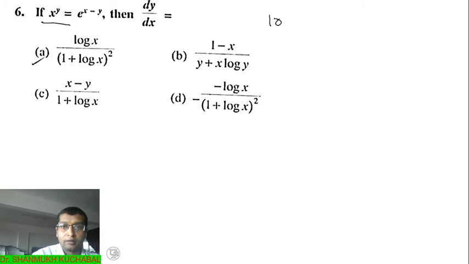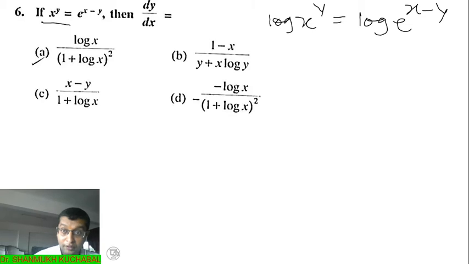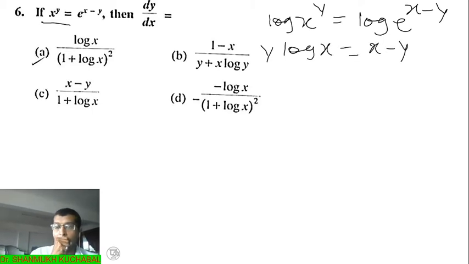So log of x raised to y equal to log of e raised to x minus y. Using the property of logarithm, this is written as y log x equal to (x minus y) log e, and log e value is 1.